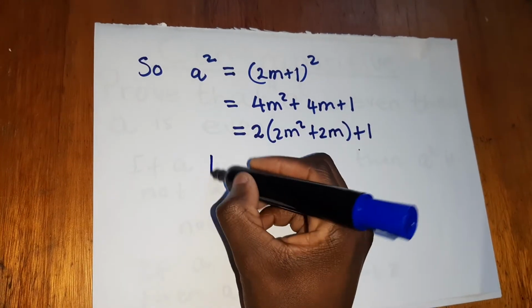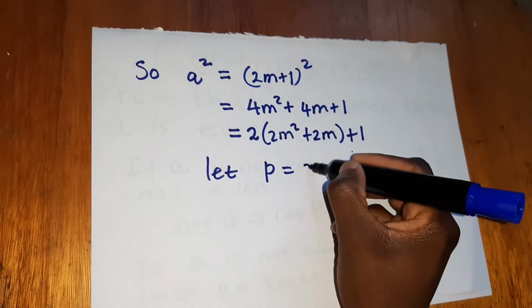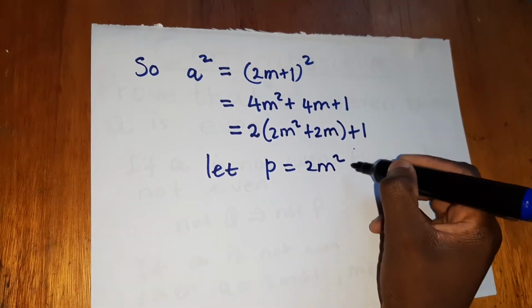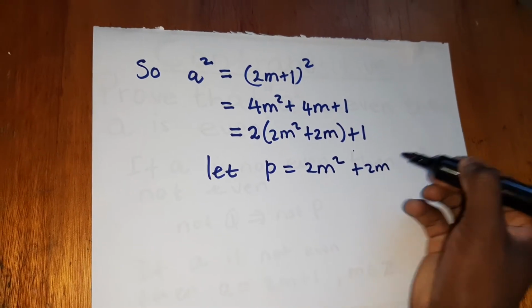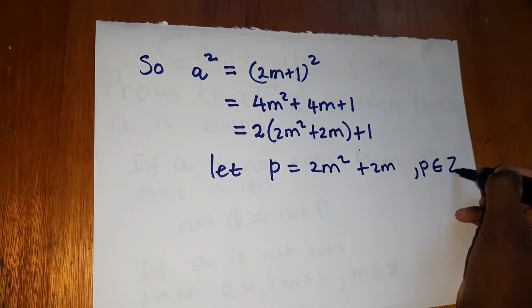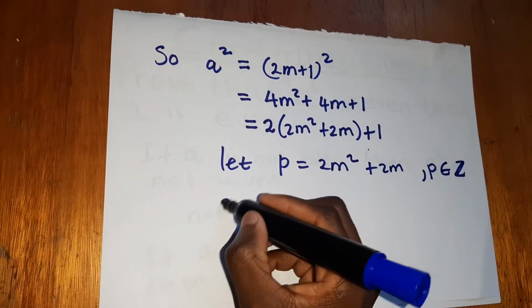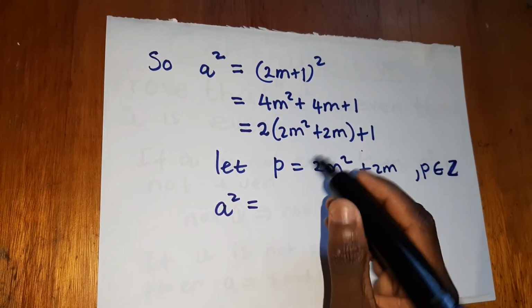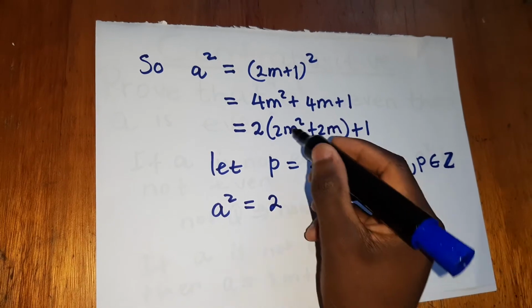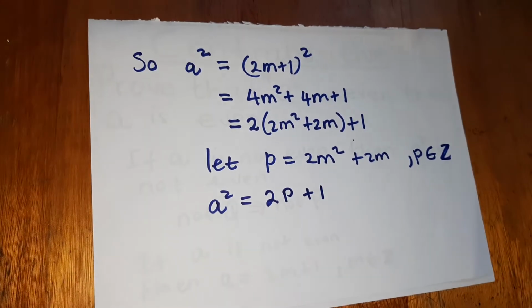We will say let p be equal to 2m squared plus 2m, where p is an element of integers. So our A squared is equal to 2, we substitute this with p, 2p plus 1.